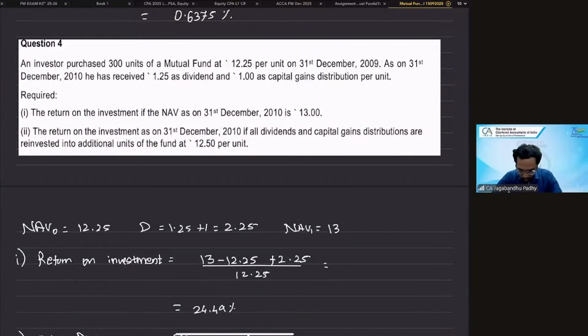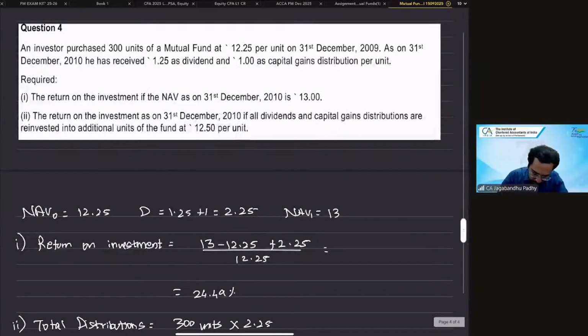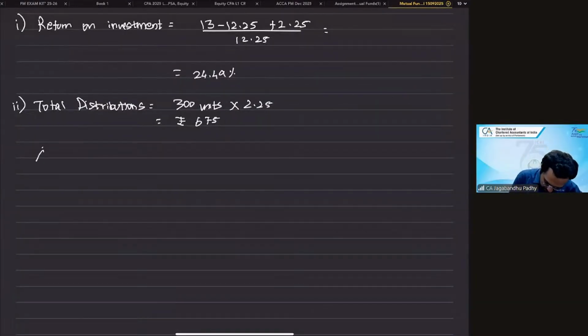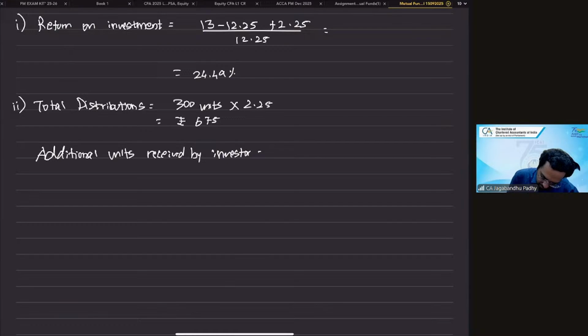Now, with the total distribution being 675, you are given additional units at a price of 12.5 per unit. So the additional units received by the investor will be 675 upon 12.5.